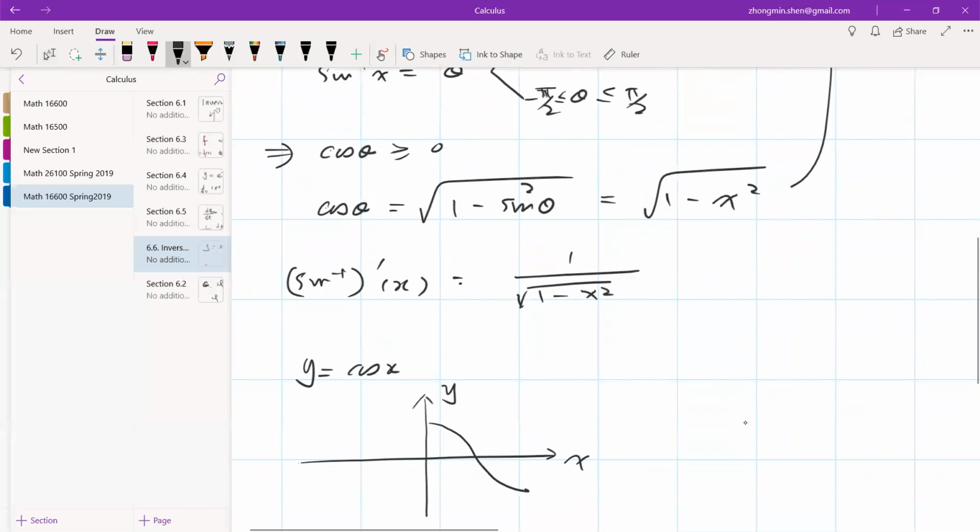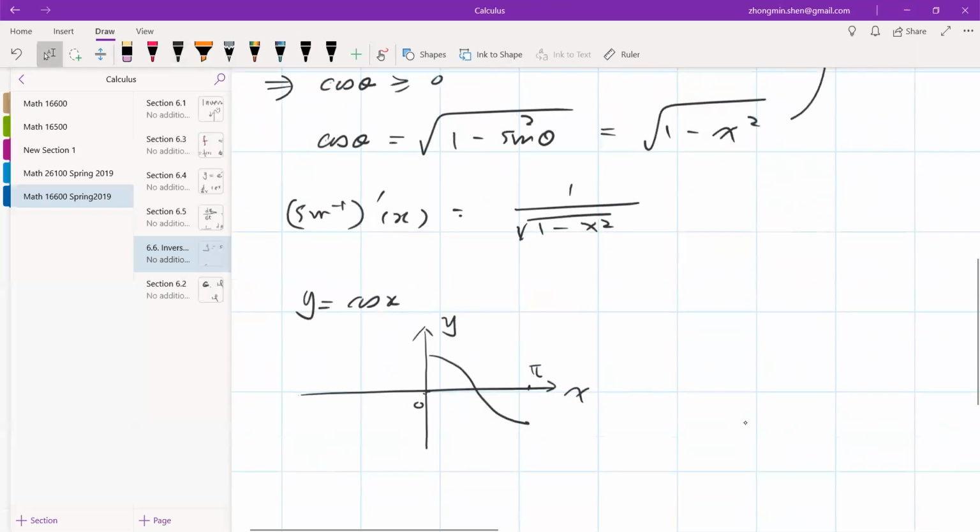We use this piece. Here's pi, here's 0. That's a decreasing function, so the inverse exists. If you have an x, you go up, you get y equals cosine x. But if you are given y, I can get the inverse. So that's the inverse.